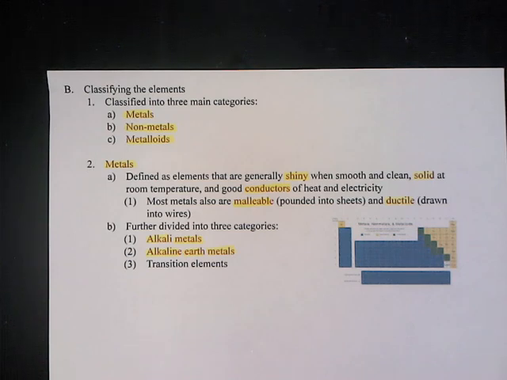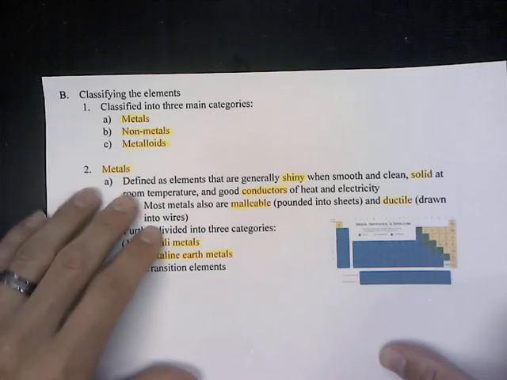Now, what we want to do is go one step further and identify specific areas. But before we do that, I want to divide our periodic table into certain areas. So let me get out my periodic table here, and let's identify these three main areas on our periodic table.